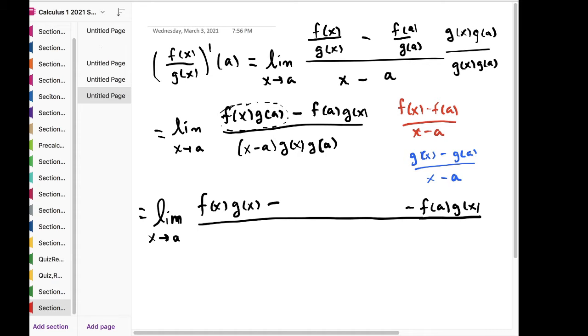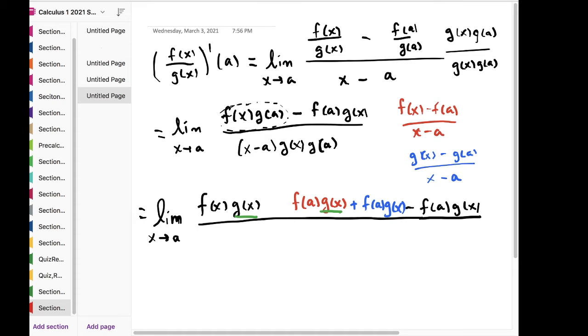Not g of a g of x, but f of a g of x. The g of x allows you to factor that out and then just be left over with f of x minus f of a. You see that? So we know that if you subtract something, you better add it, because then you'll break math. So add f of a g of x. Right? Because I can't just magically subtract something.